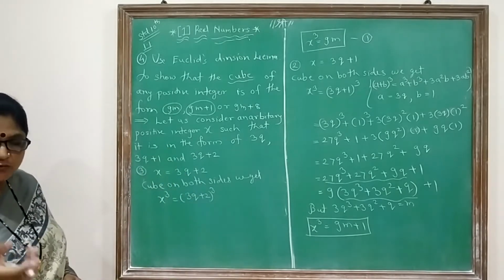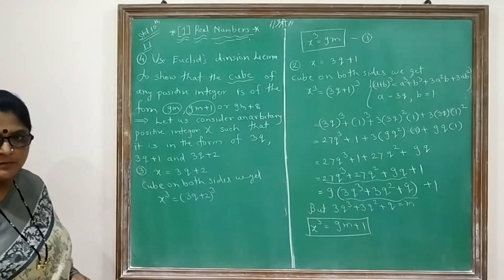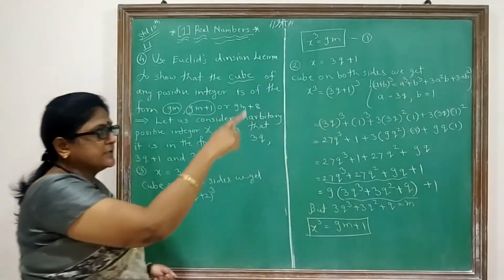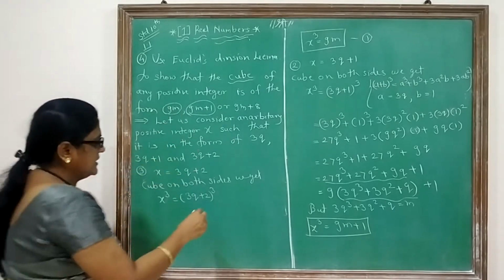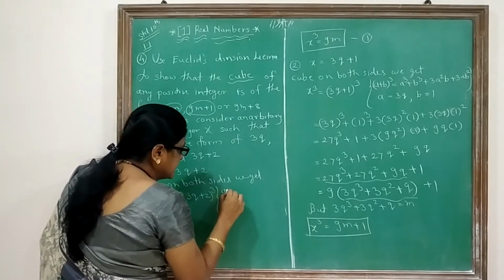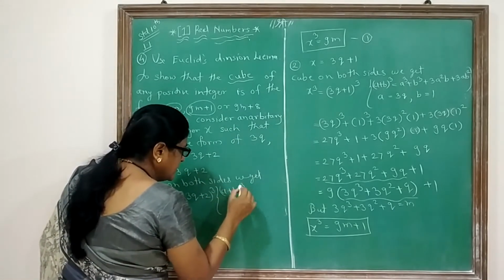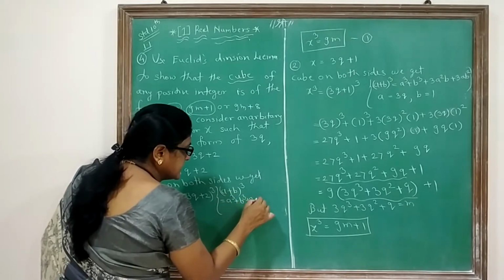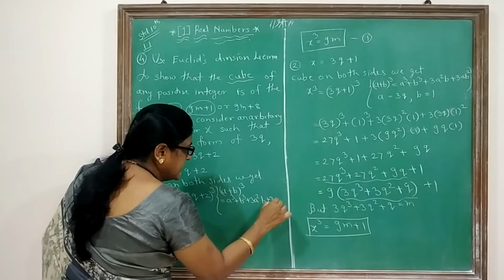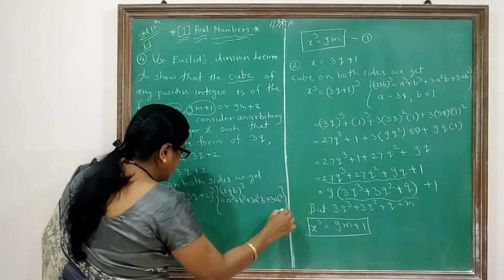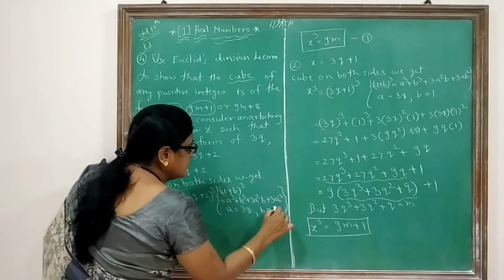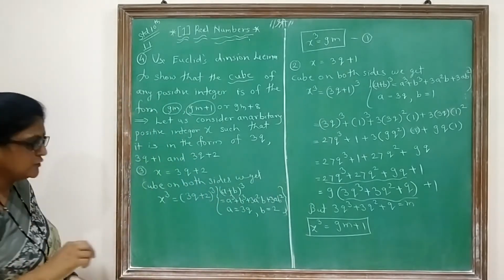Again you will use which formula? Again write the formula: a plus b whole bracket cube equal to a cube plus b cube plus 3a square b plus 3ab square. And you will put 3q in place of a and 2 in place of b, and then solve.